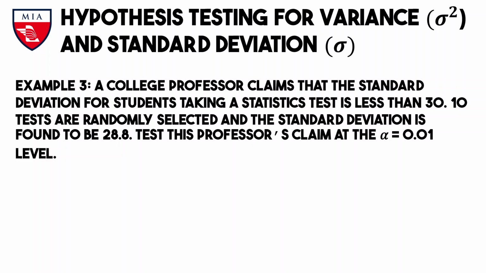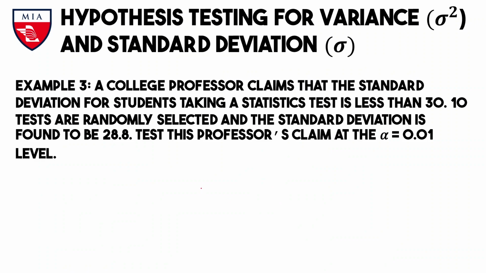A college professor claims that the standard deviation for students taking a statistics test is less than 30. 10 tests are randomly selected and the standard deviation is found to be 28.8. Test this professor's claim at the alpha equal to 0.01 level.